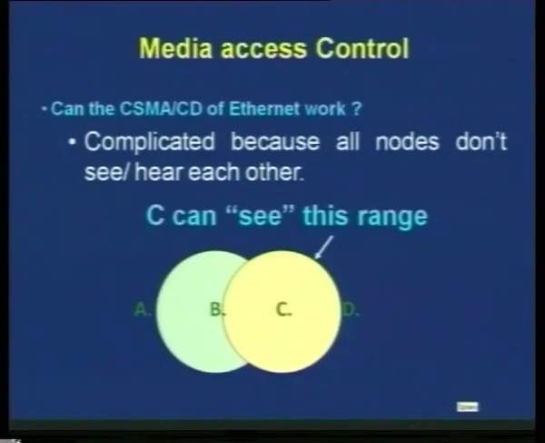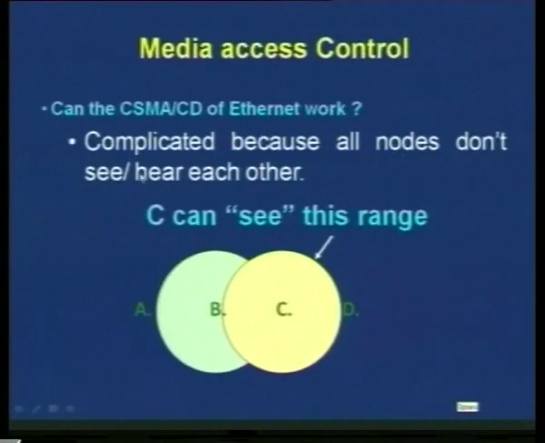So, let us look at whether it will work or not. Can the CSMA CD of Ethernet work? The answer is not really, because it is a little more complicated than in the case of an Ethernet network. In an Ethernet network, all the nodes get to hear the signal of all the other transmissions, whereas in a wireless network, not all nodes can see and hear each other. If you take a look at this picture here, I have 4 nodes A, B, C, D. What we are showing here is basically the range of each of these nodes.